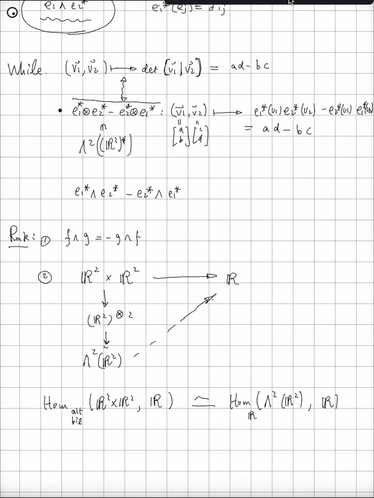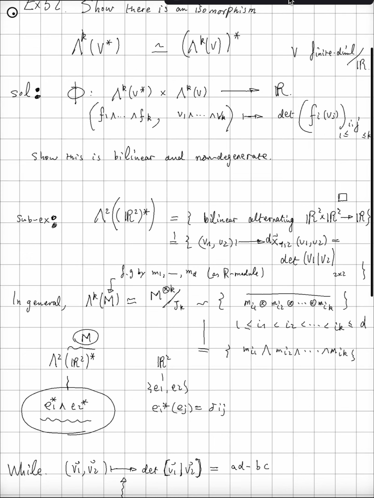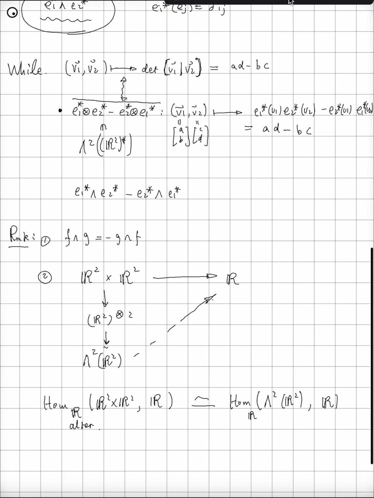Let me put R-linear alternating. That's from the definition, right? Which means that if you want to use this as a definition, as I mentioned in the sub-exercise, someone uses this as a definition, I would say actually what you're doing is, this is actually this one, right?